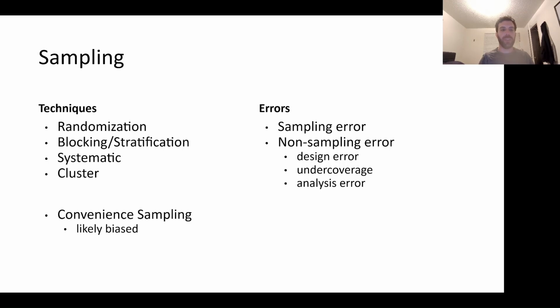And then there's convenience sampling. This is when, for example, you give a survey to people as they complete a transaction, like when a store gives you a survey at the end of your transaction, right? You're there, it's convenient for them to ask you, and they might even give you some kind of incentive for you to fill it out. This is very likely going to result in biased data, which is okay if you qualify it, right?